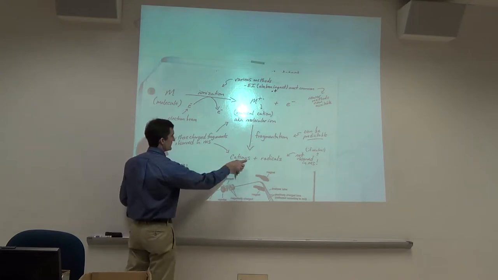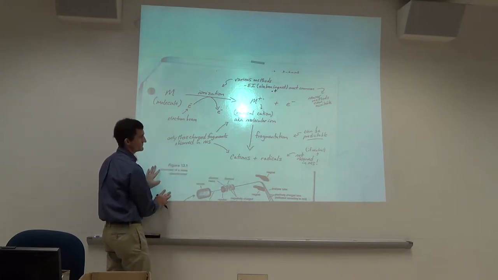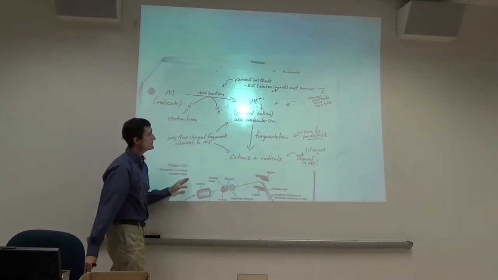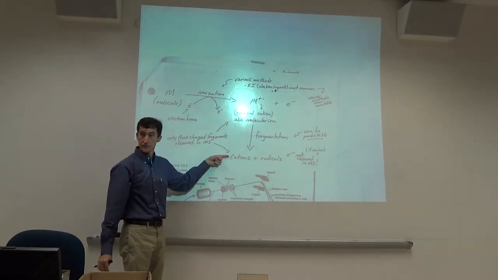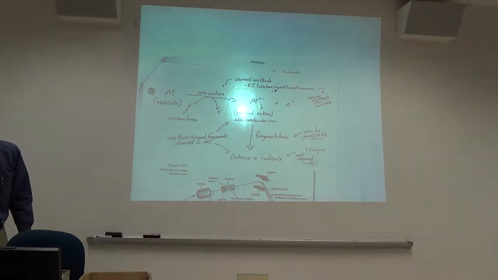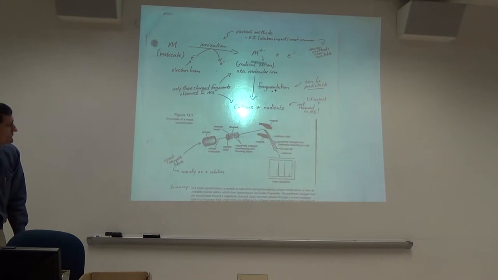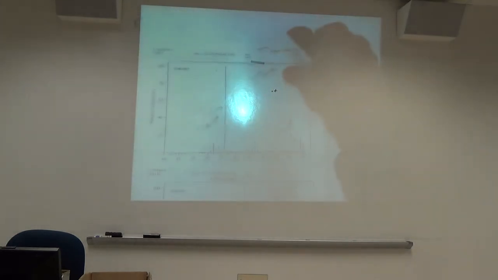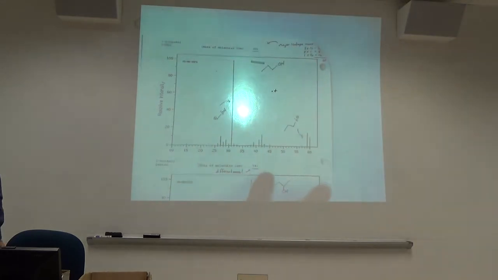But these will be cleavage peaks. They'll have a lower mass than the original mass. Sometimes these are called daughter ions. And if we look at the next page again, we can see some examples of daughter ions.